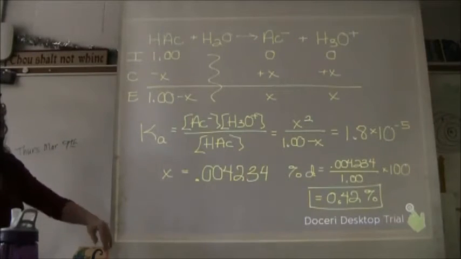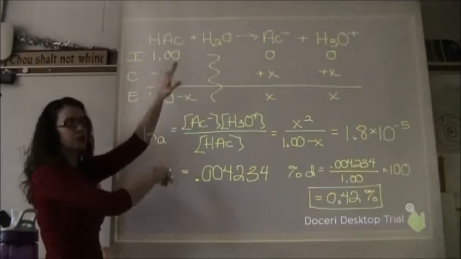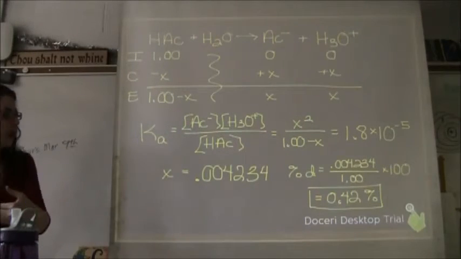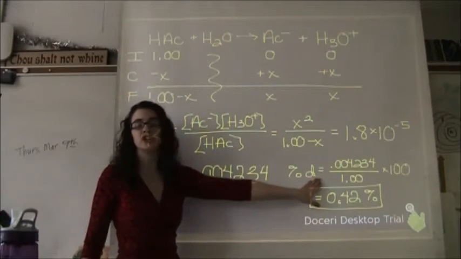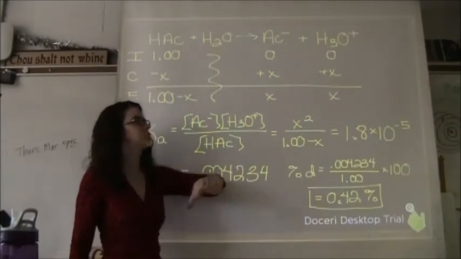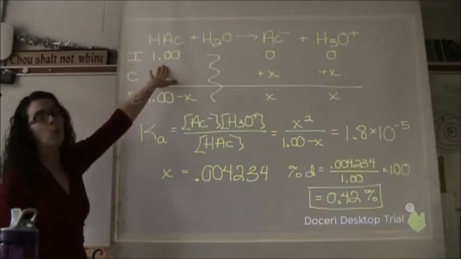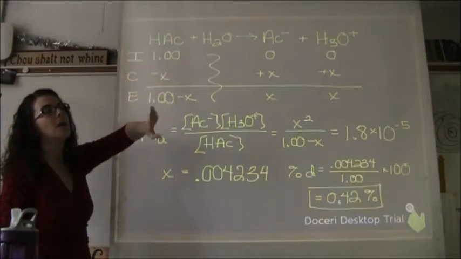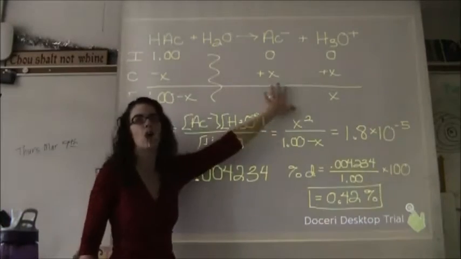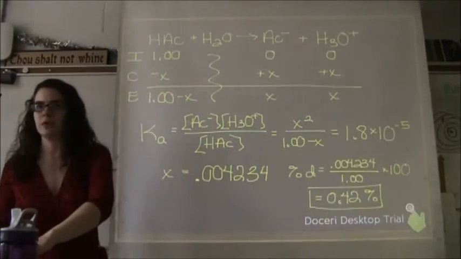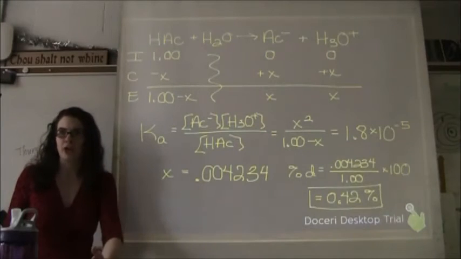Okay. Now, I'm not going to go back to the original problem, but they also asked us to calculate a percent dissociation if this acetic acid solution wasn't 1 molar, but was 0.1 molar. And I'm not going to make you rewrite all of this. Here's what I want you to do. Pick up your calculators.